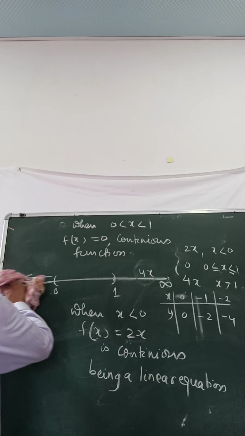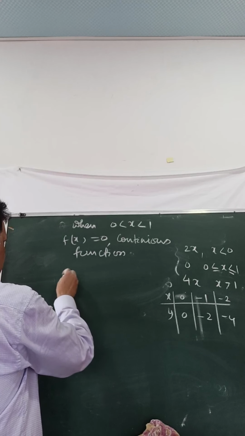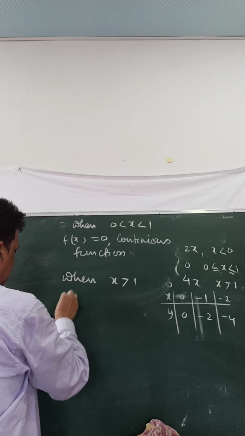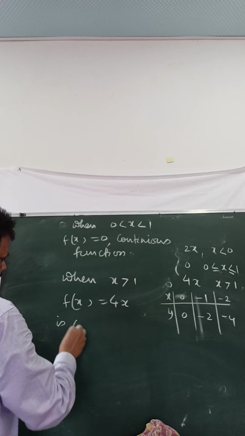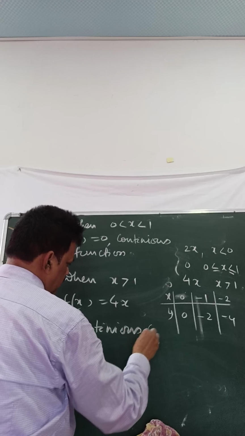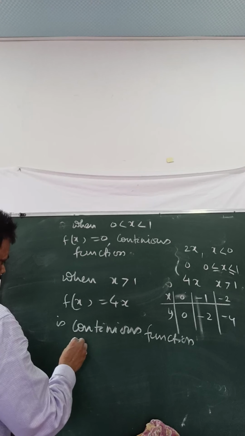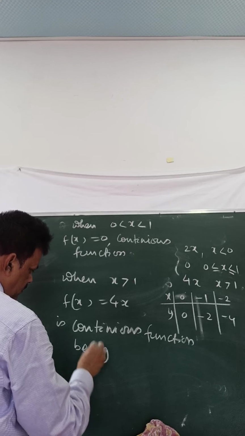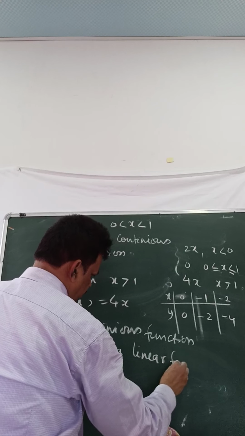So you can write, when x is greater than 1, our f(x) equals 4x is a continuous function, being a linear function.